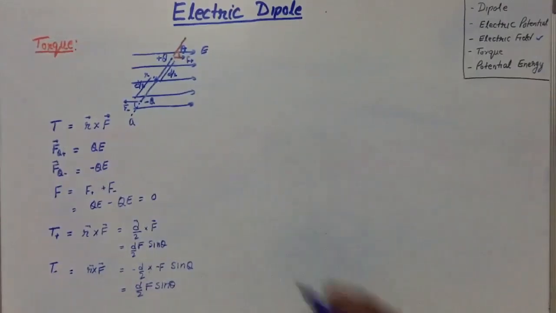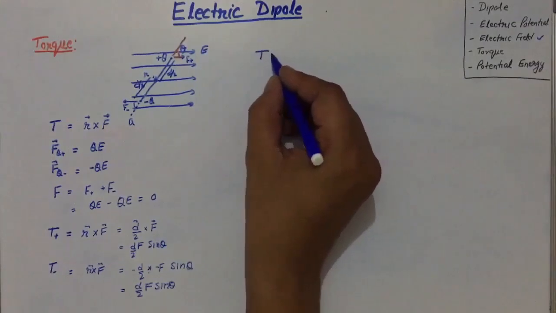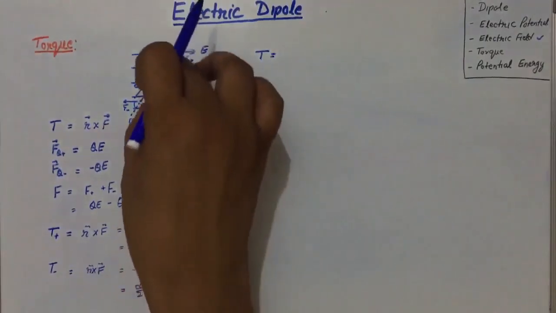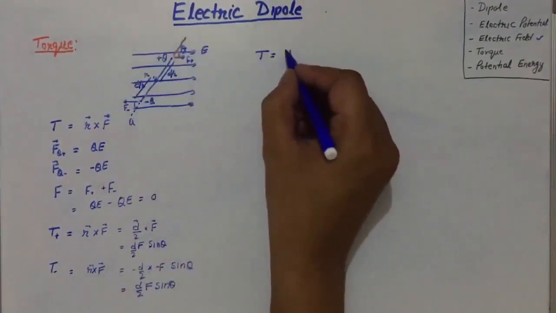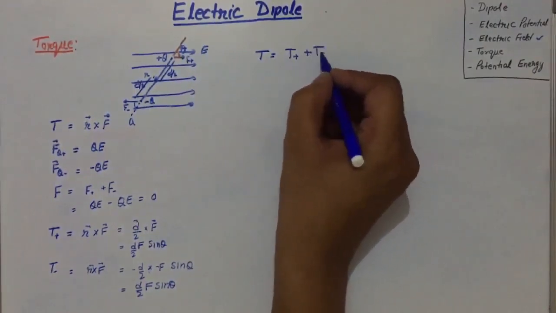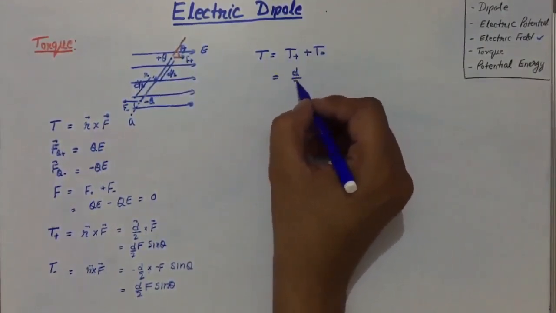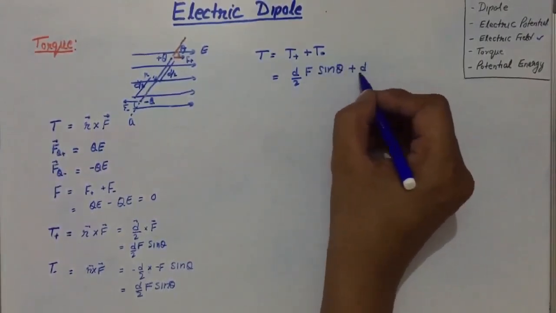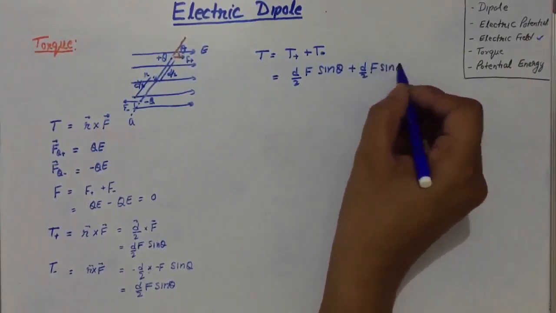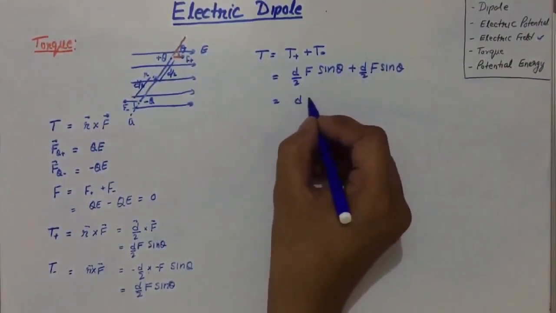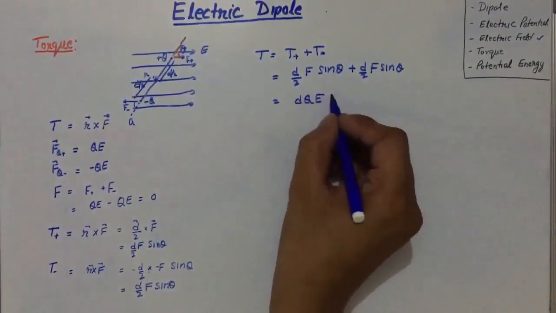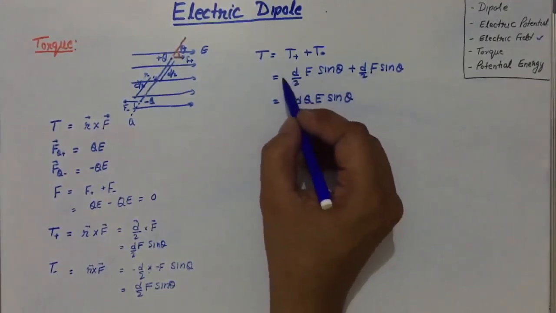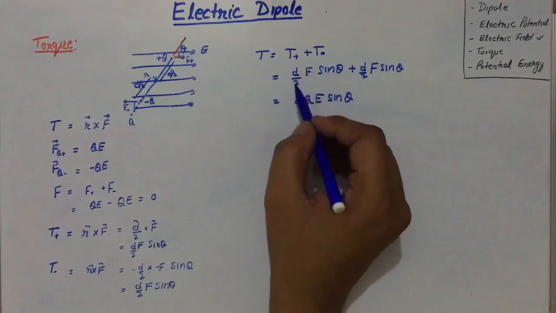In this way, if we wish to find the torque on the system, then the total torque existing on the system will be d by 2 F sine theta plus d by 2 F sine theta, which further can be written as d Q E sine theta, because d by 2 and d by 2 together give d.